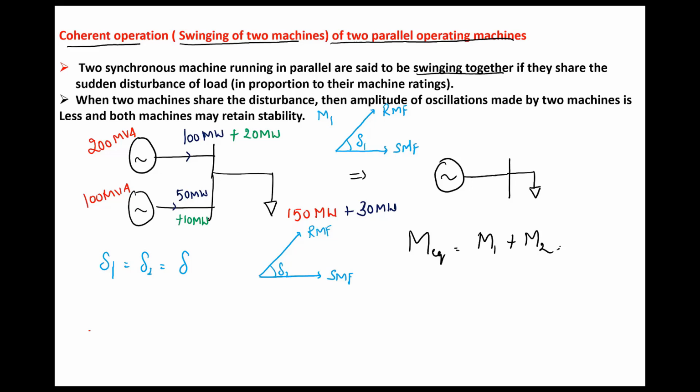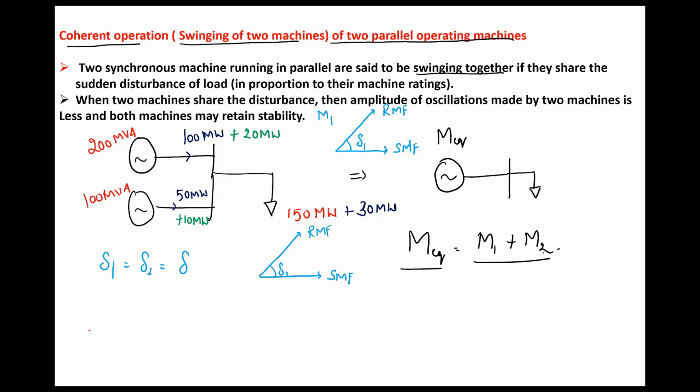Okay, so we can treat this as a machine whose M equivalent is this one, which is supplying the load. We can treat this two machine system as a single machine system. So when the two machines are running in coherence or swinging together, then their equivalent angular momentum is given by addition of individual angular momentums.